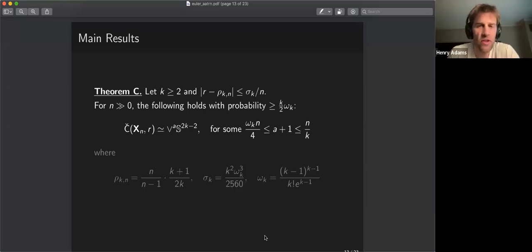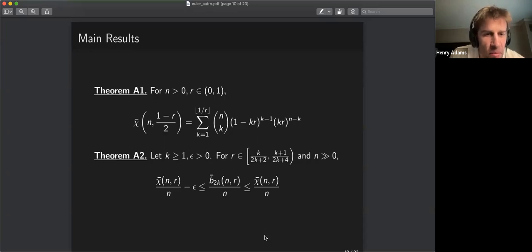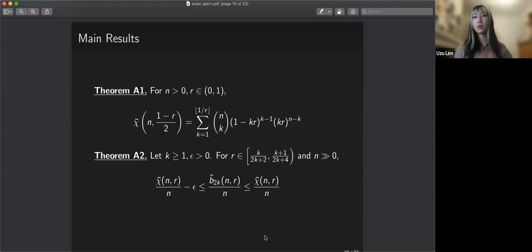Uzu, I was wondering if you could go to theorems A1 and A2 again. I wanted to parse them. Okay, so in theorem A1, you fix n, and then you give an exact value for the expected Euler characteristic. Yes, the expected Euler characteristic in this case can be computed exactly.